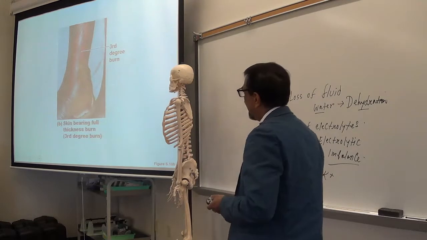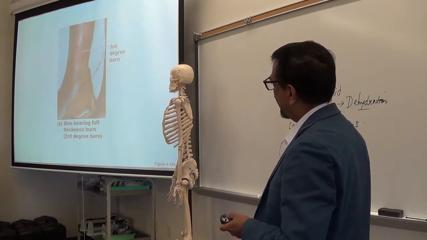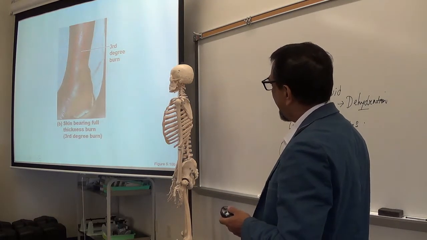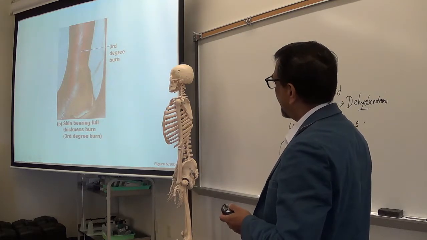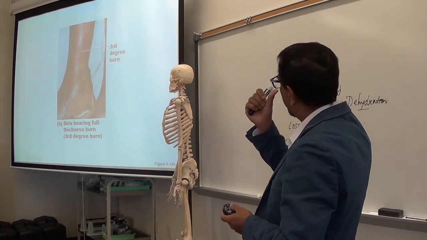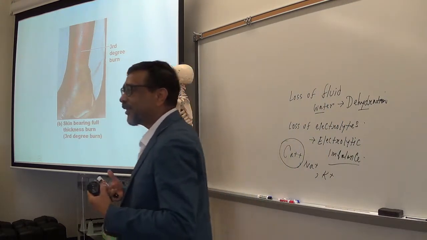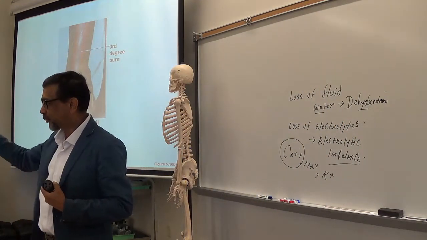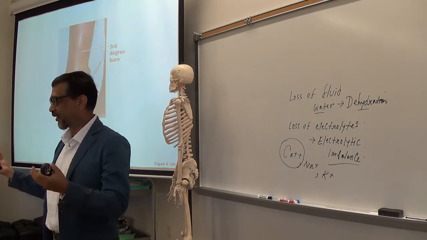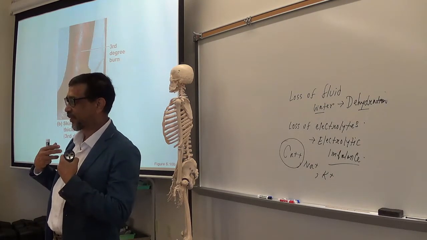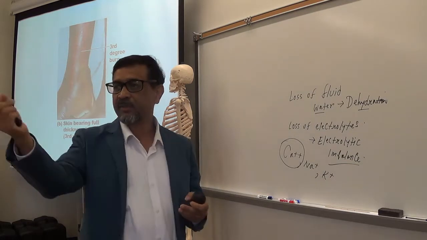So he will need to get the skin from another part of the body. It's always good to get it from your own body, because the immune response will be less, right? If you want to get it from another person's body, immune response is a big issue, right? It may not accept it, okay? There's a good chance of rejection.